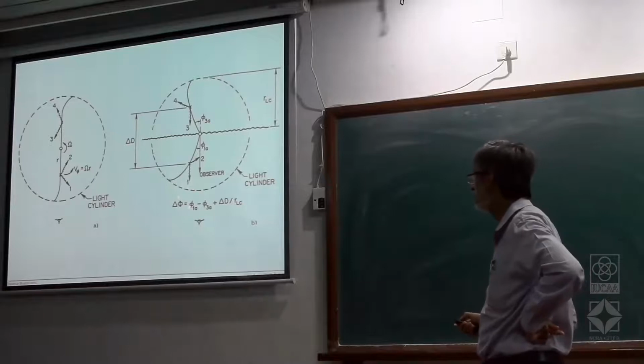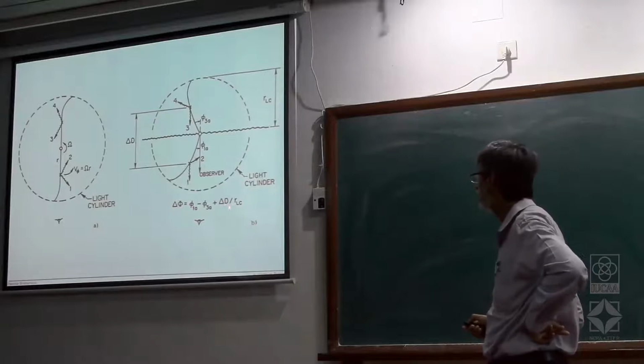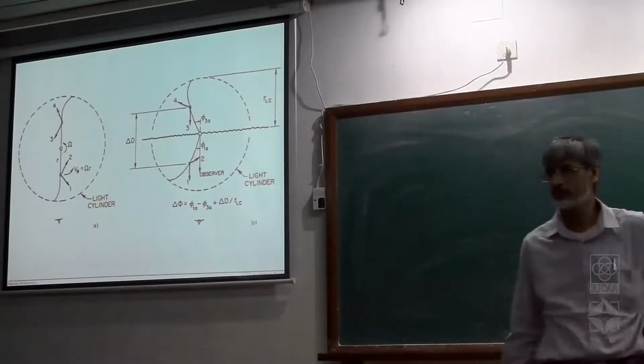If you take the period out and write only the phase, then it becomes delta D by RLC.